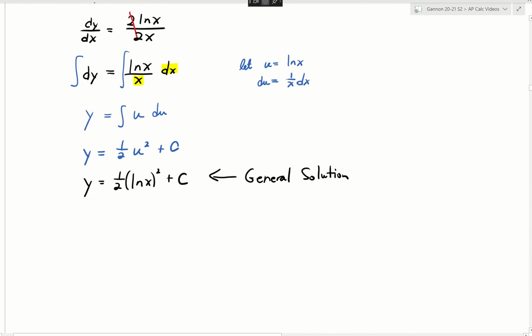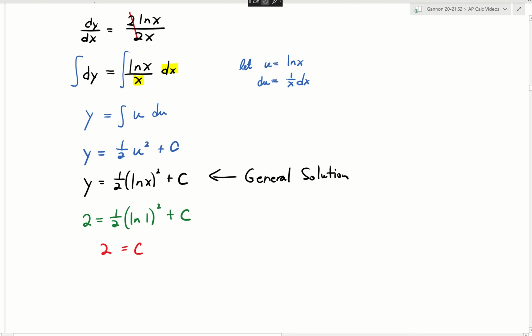If we come back over here and we plug those in, that's going to be 2 is equal to 1/2 ln of 1 quantity squared plus c. If you think about what's happening here, the natural log of 1 is 0, 0 squared is 0, 1/2 times 0 is 0. So from there, we find out that c is equal to 2.